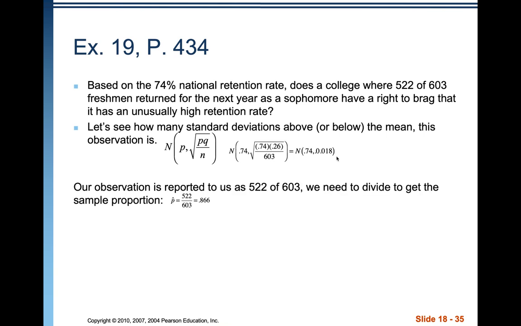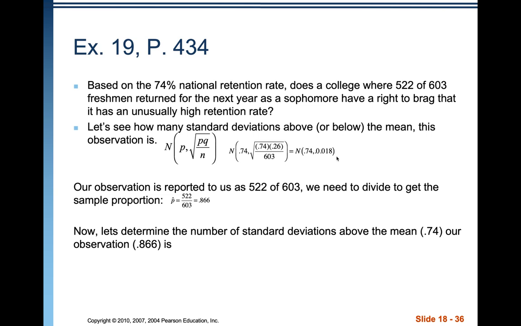Our observation is reported to us as 522 of 603. So we need to divide to get the sample proportion. So 522 divided by 603 is 0.866. And now we can determine the number of standard deviations. So since our mean is 0.74 and our observation is 0.866, our z-score, the number of standard deviations our observation is from the mean, is equal to 7.